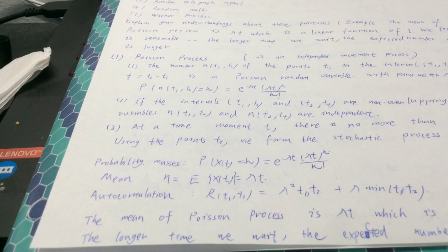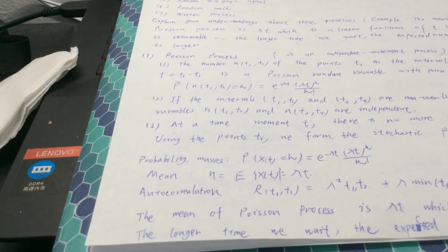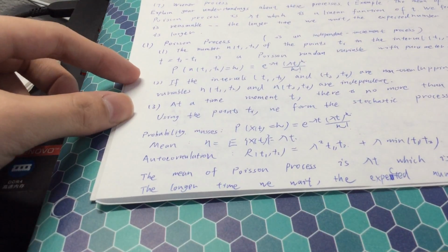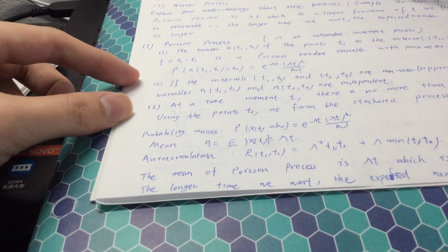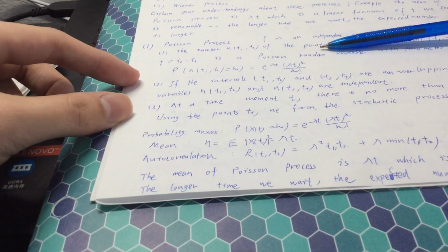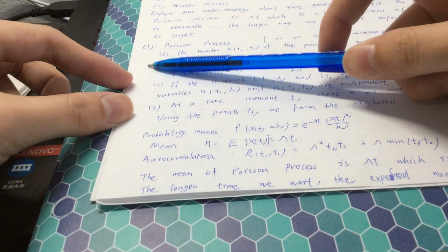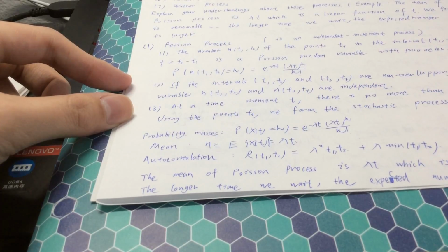In the first part, it requires us to explain the Poisson process. From the lecture notes, we have collected that the definition of the Poisson process is listed as these three parts.